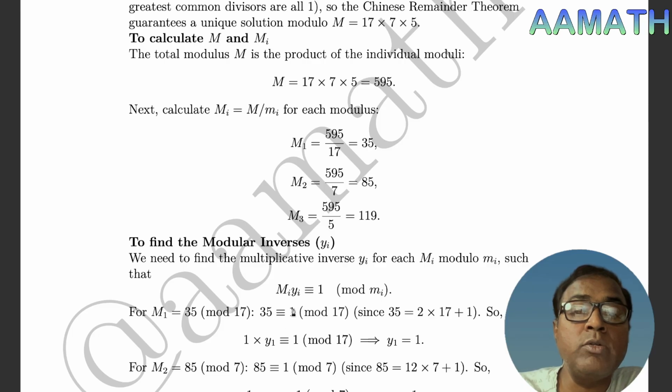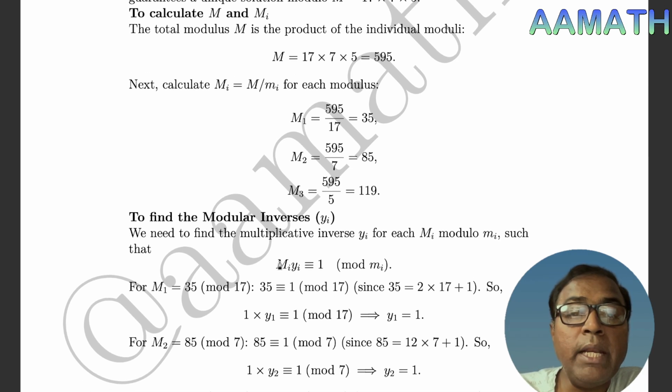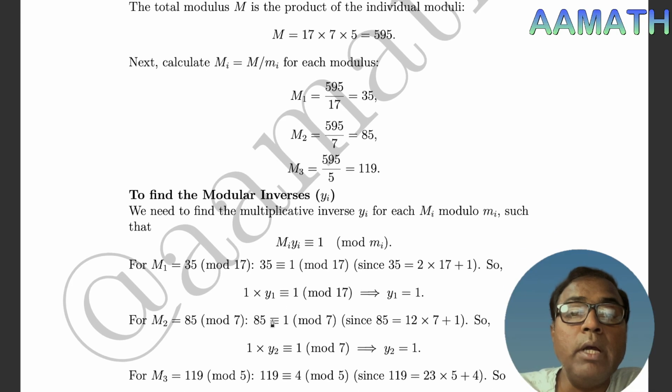So 35 congruent to 1 modulo 17. So capital Mi yi congruent to 1 modulo mi. So here y1 congruent to 1 modulo 17, that is y1 equal to 1.